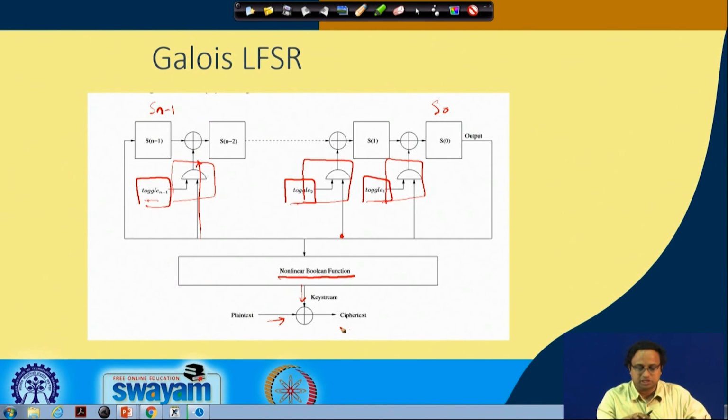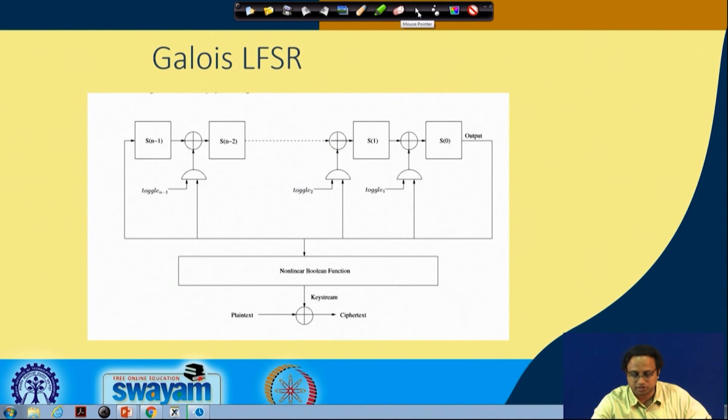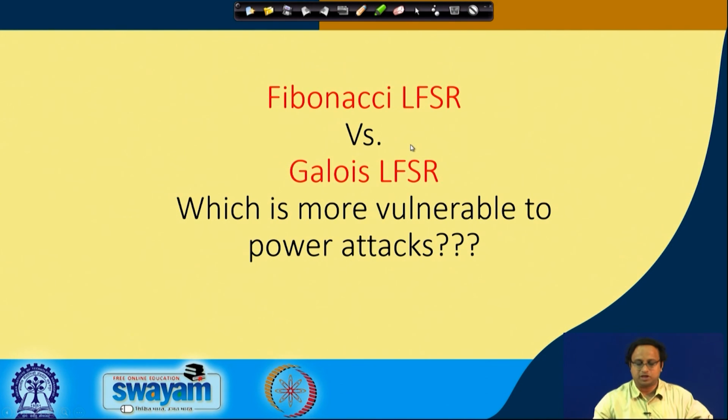This is the model that we compare with, and the question we try to address in this discussion is whether these two are equivalent, that is, whether the Fibonacci LFSR and the Galois LFSR are equivalent with respect to power attacks. This we will see in the next class. Thank you.